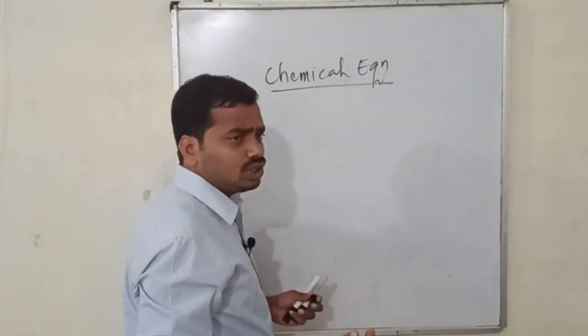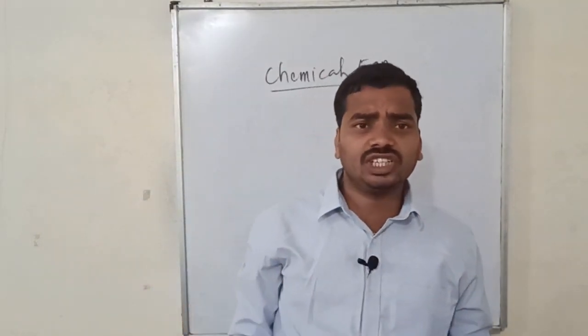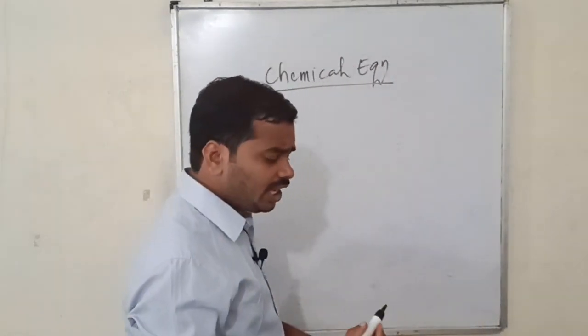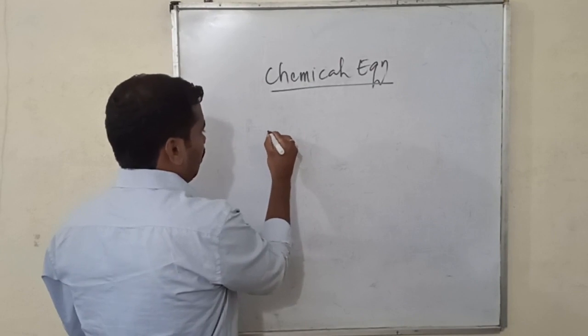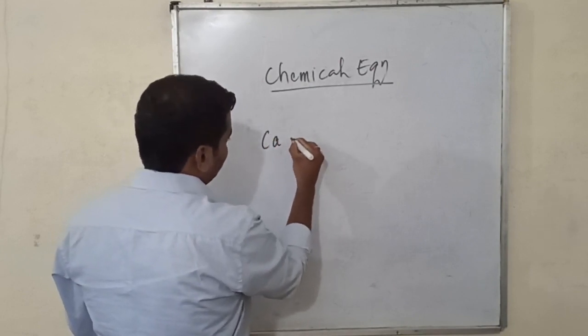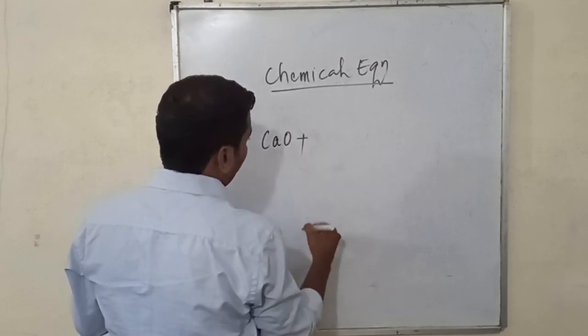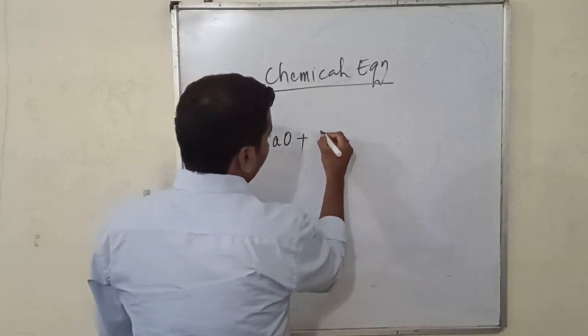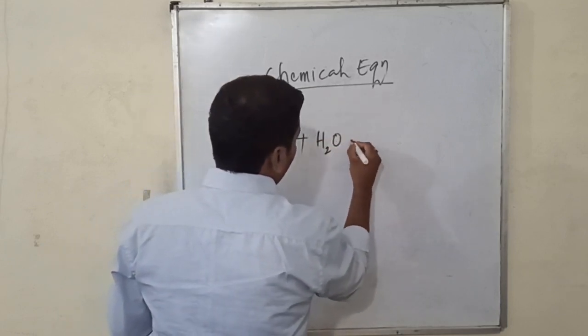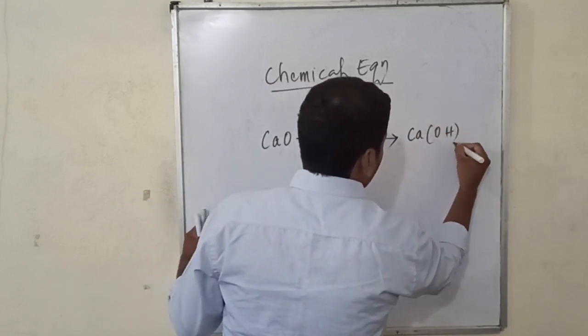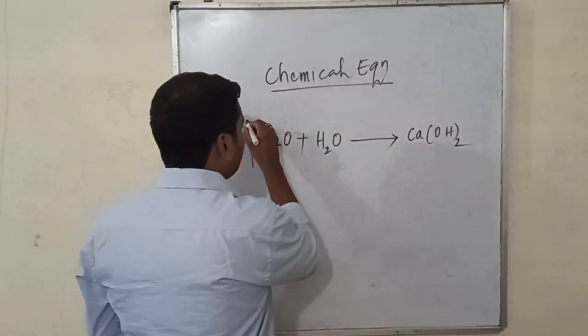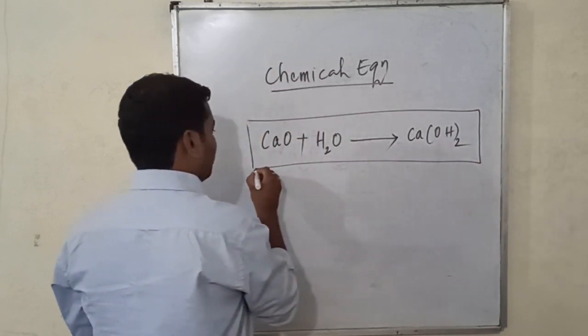We have understood about chemical change and a chemical reaction. So yesterday in activity 1 we have discussed a reaction, CaO, quicklime, reacting with water giving rise to calcium hydroxide. So this is the equation directly I have given you.